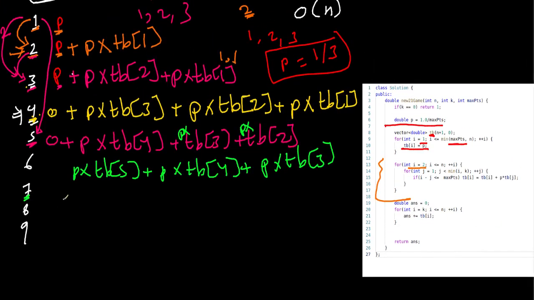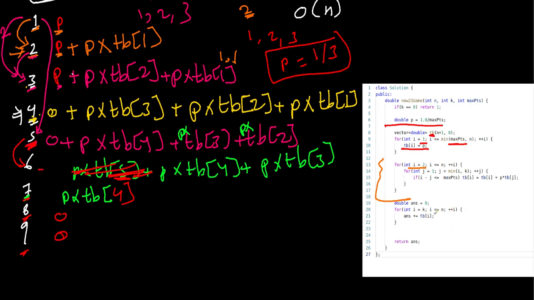So for 7, as we said, p tb of... so here for 6 we set tb of 5, but 5 is equal to k, so we remove this from the solution. We cannot go from 5 to 6 because 5 we already equal to k. For 7 tb of 6, but we cannot do 6, 5, 4. For 8 it's 0, for 9 is 0, and that's it.